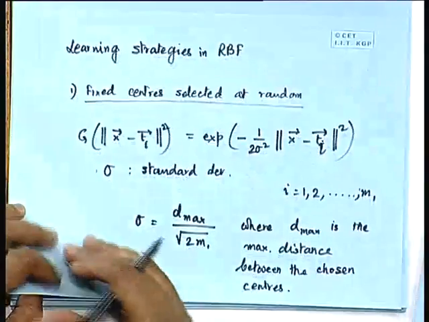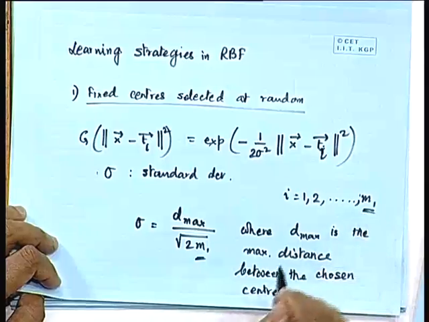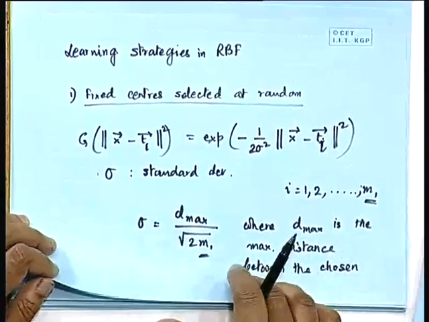M1 obviously is the total number of such centers that you are using.